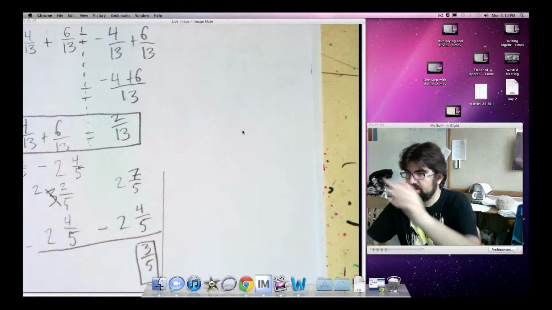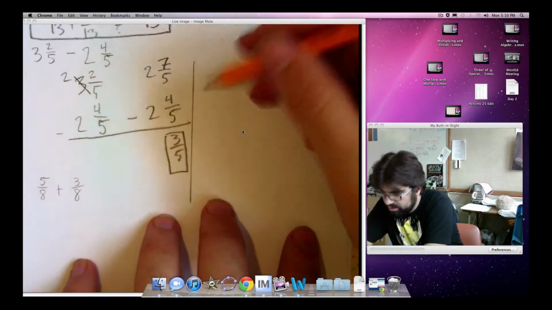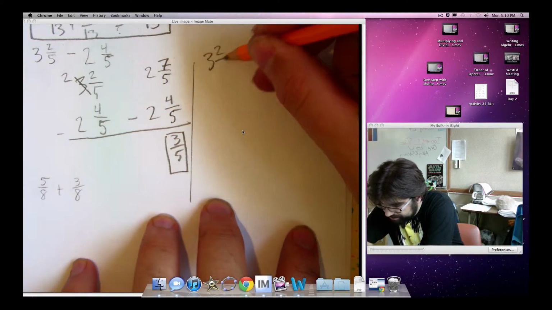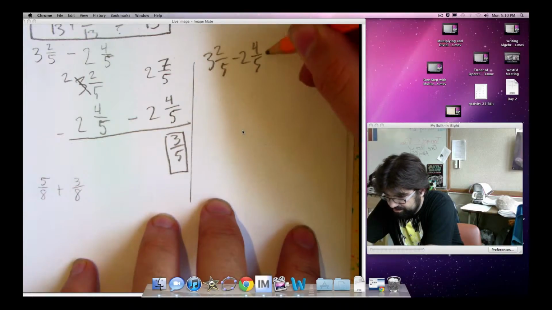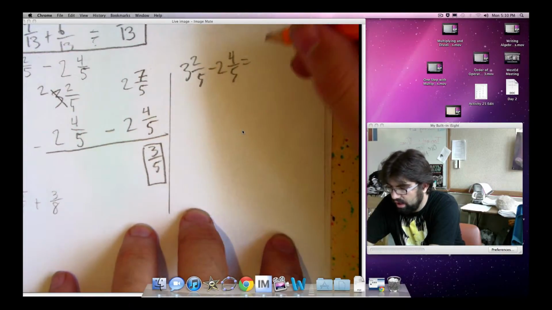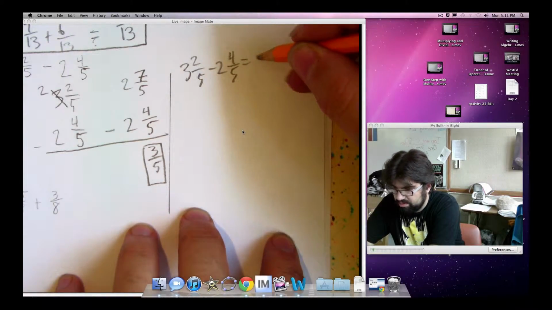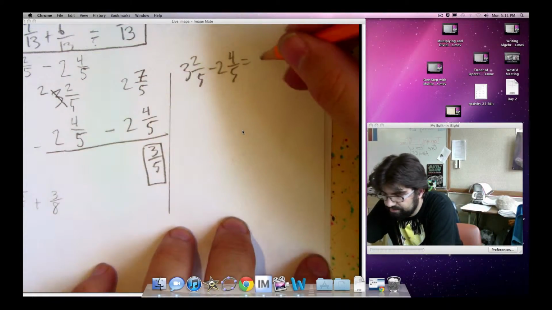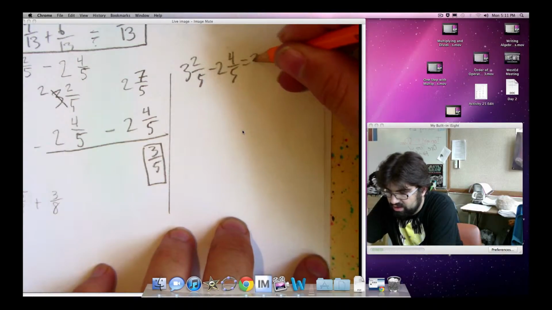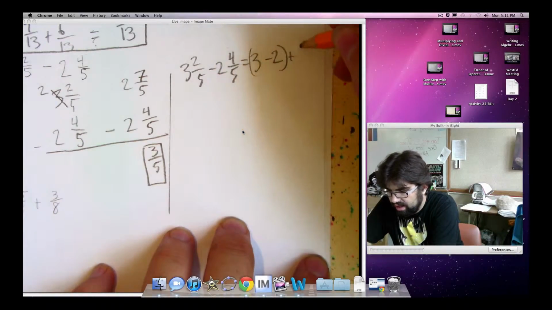Here's another way, and this is basically, I'm going to adjust this, okay? Another way of doing it is, well, I have 3 2/5 minus 2 4/5. Let me rephrase that. I'm just going to show how I would do this. I'm going to look at that 3 minus 2. I'm going to look at the whole numbers. And then right next to it, I'm going to have 2/5 minus 4/5.